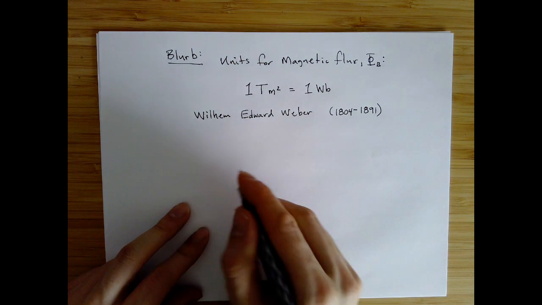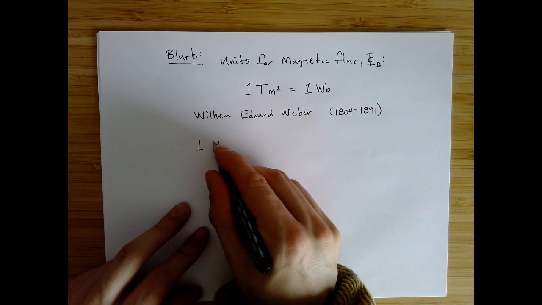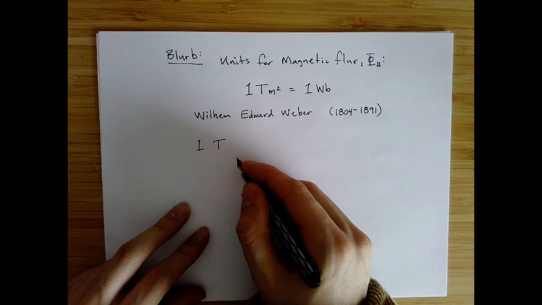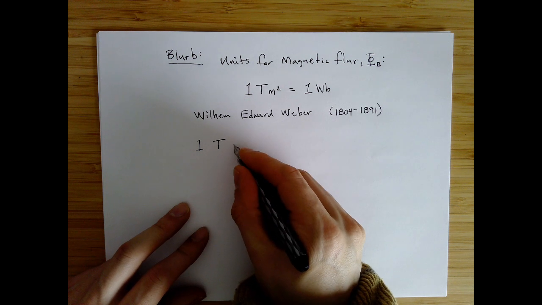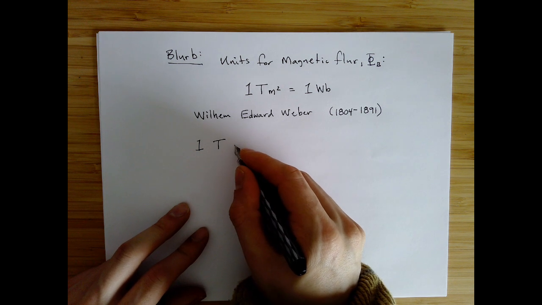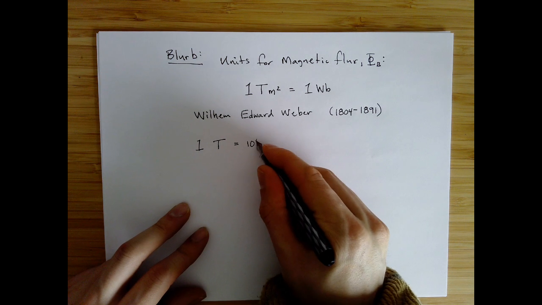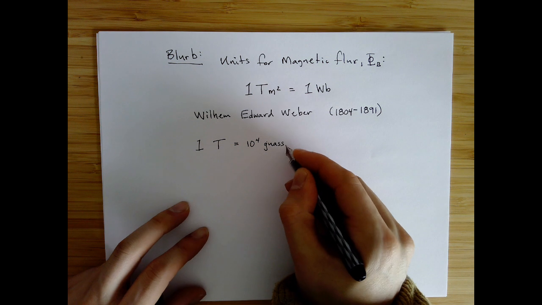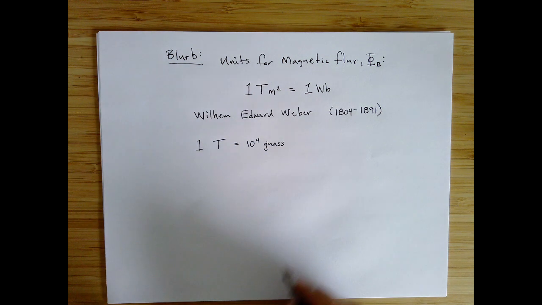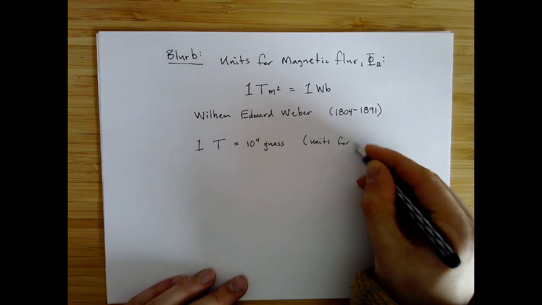Another little thing to note is that 1 Tesla, the unit for a B field, has an equivalence to something called a Gauss. 1 Tesla is equal to 10 to the 4 Gauss. Those are the different units for magnetic fields.